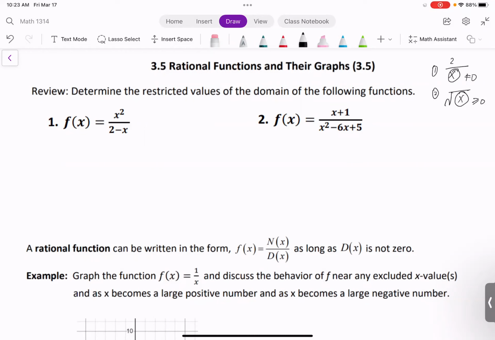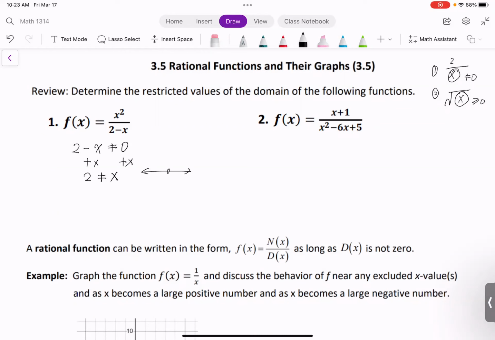The first one, is that a fraction? Yes, it is. It has top and bottom. That means the domain of the function f, the bottom 2 minus x is not equal to 0. Then we can solve for the x. Both sides I can add x, so I can isolate the x. 2 is not equal to x, or x is not equal to 2.